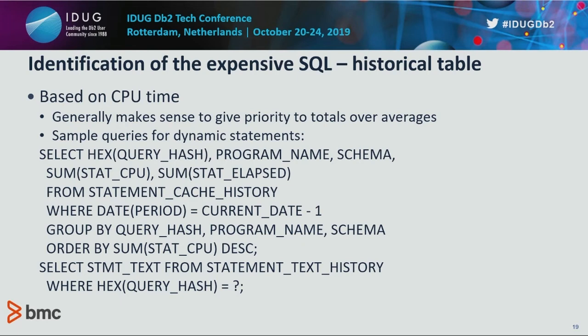In the case of the first query, the most expensive by CPU time. Order by sum stat CPU descending. And then the second query is an example of a query where you would just pull out the text based on a query hash that you had from the first query.